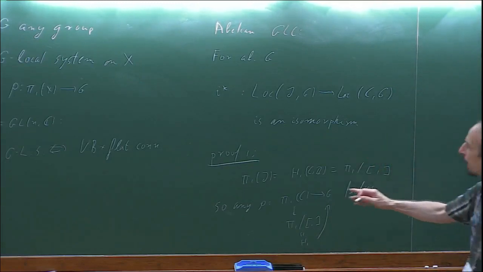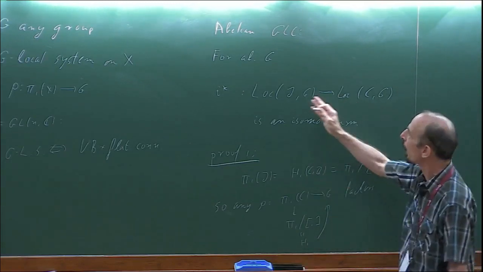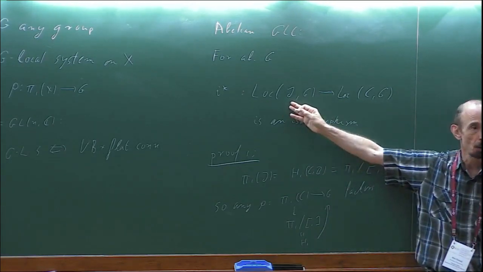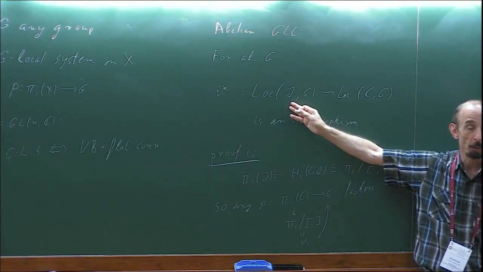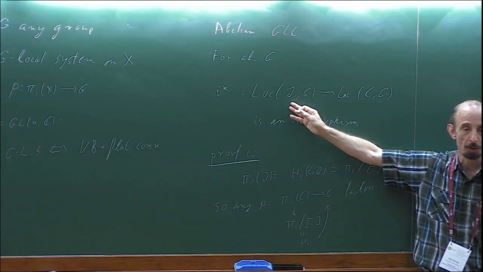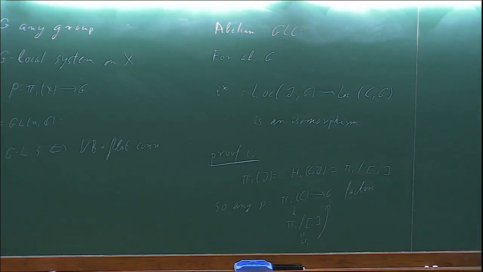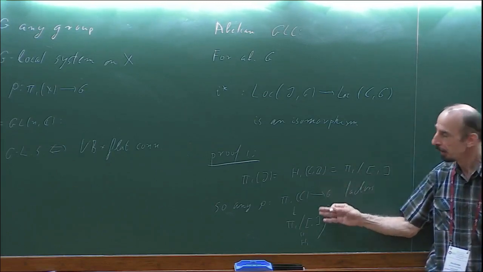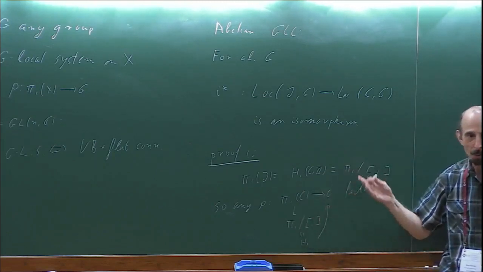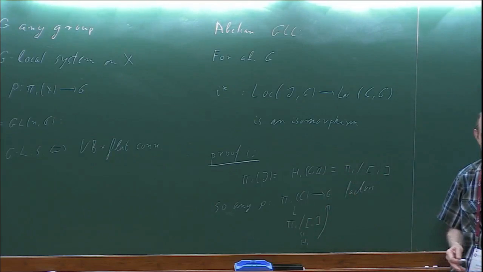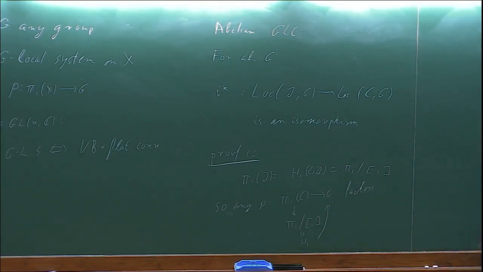So that says that any local system on the curve extends uniquely to a local system on the Jacobian, as long as your structure group is commutative, like C star. Okay, well, that wasn't very hard. Where does that fail if the group is non-abelian? Well, the representation will not be trivial on commutators.